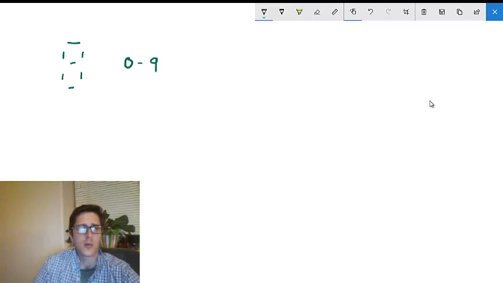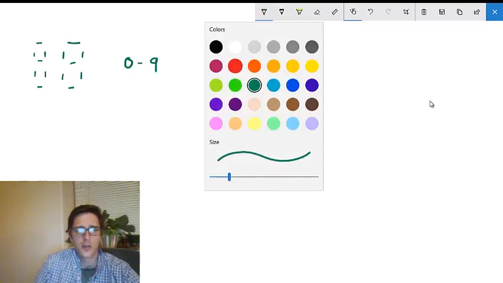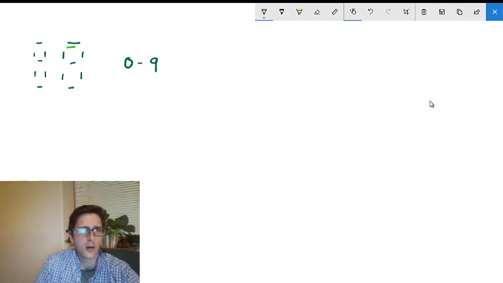And why is that? Well, if you do 10, you're going to have another 7-segment display. So essentially, if I wanted to do 10, I'd do that, and then I'd have to do a 1.